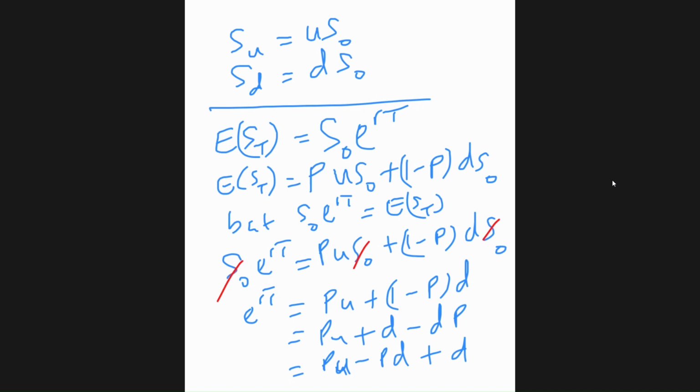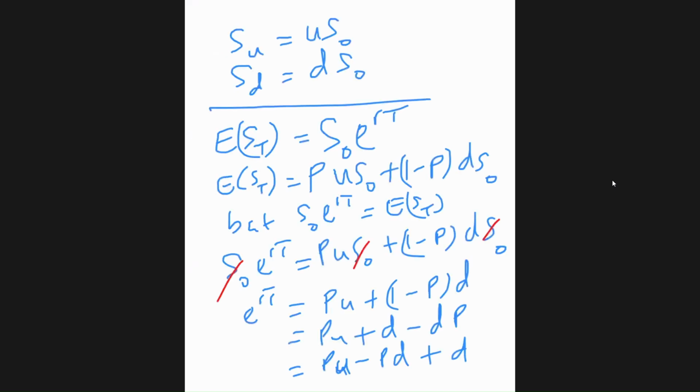Yeah, so let me hope I've not made a mistake. I've just said exponential RT is equal to, where is, PU minus PD plus D.